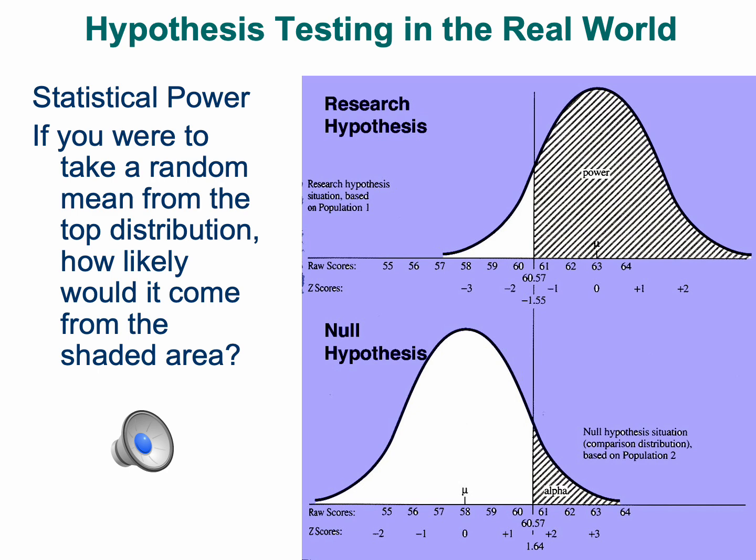Well, here, of course, it is far more likely. If you pick something at random from the top there, it's far more likely that a randomly chosen mean will be within the shaded area. So now when you move the distribution further away from the null hypothesis, the probability of finding a value in the shaded area goes up. It now becomes more likely.